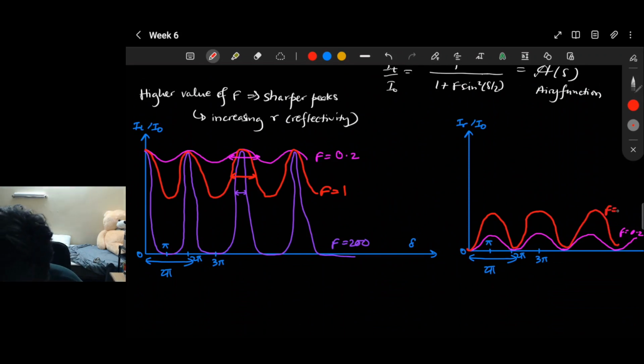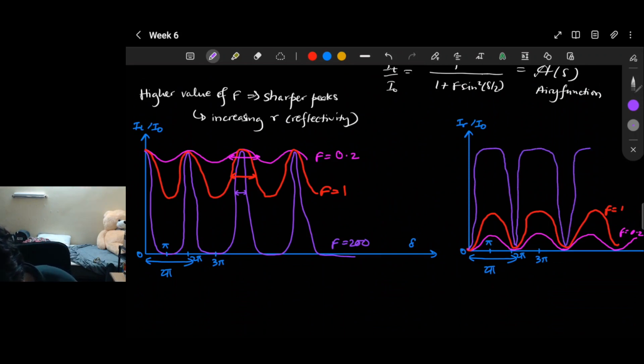This is f equals 1. This is f equals 200.